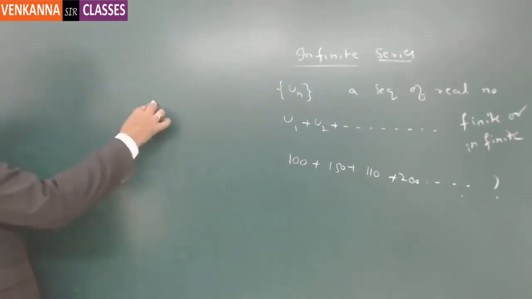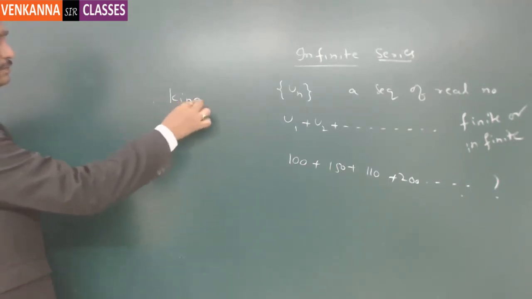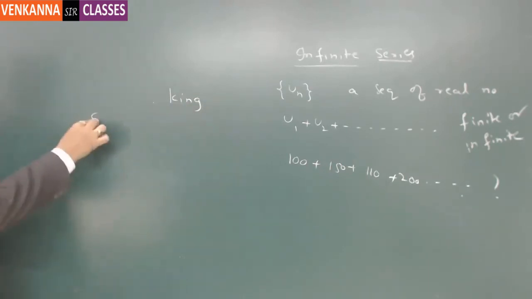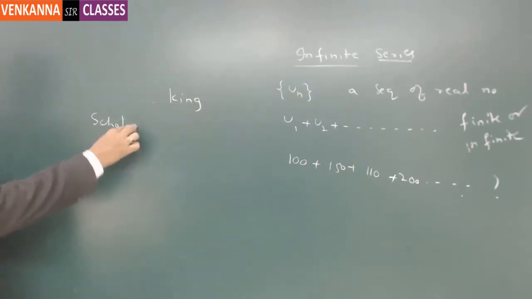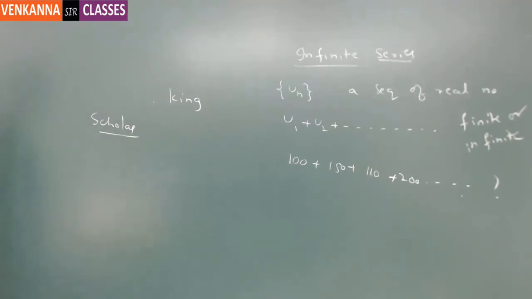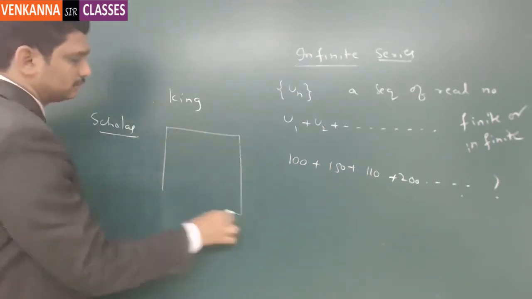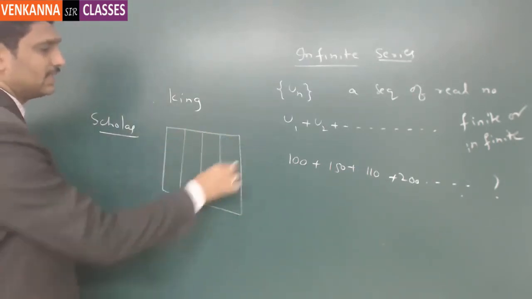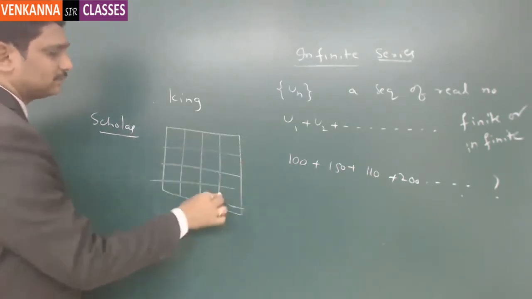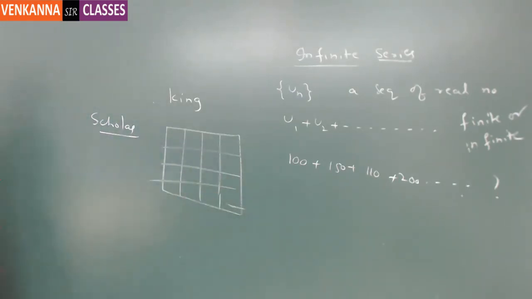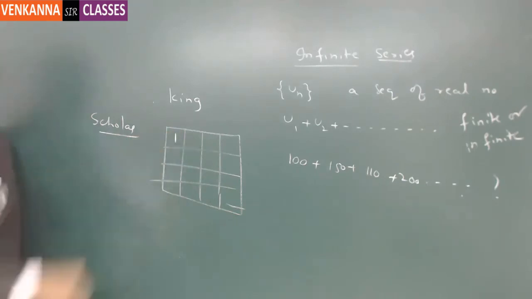Earlier there was a king, and a scholar approached the king. The scholar impressed the king, and the king asked what he wanted. Then the scholar replied that you just take the chessboard. It is just like an 8x8 matrix. In the first box you put 1 rupee.